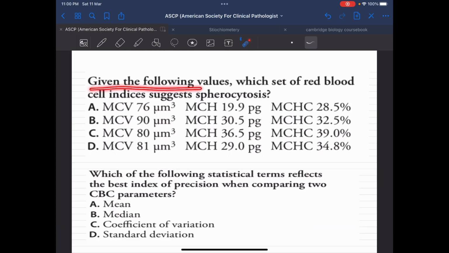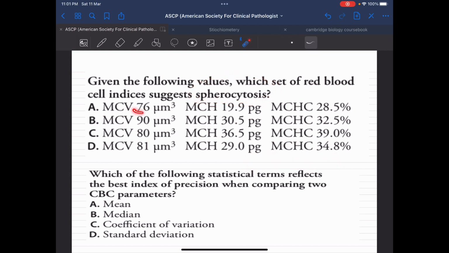Given the following values, which set of red blood cell indices suggests spherocytosis? Spherocytosis means MCHC is more than 36.